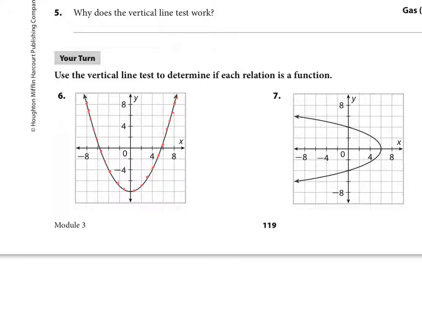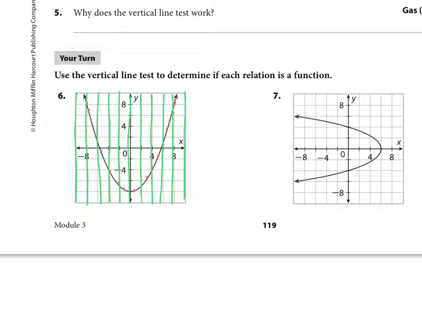So the vertical line test is going to use vertical lines to determine if it's a function or not. So I'm drawing a bunch of vertical lines, and this is a way you can show your work using the vertical line test. I'm going to try to draw them as straight as I can. And think about tons of vertical lines. So I'm going to draw some more vertical lines in here.